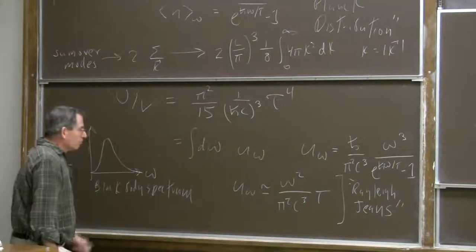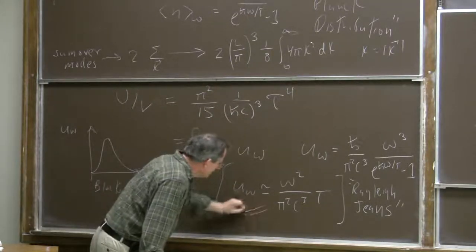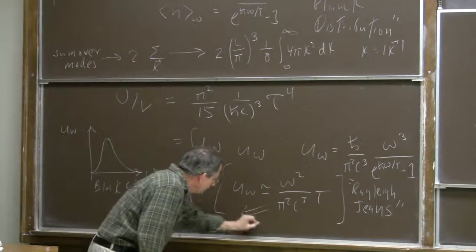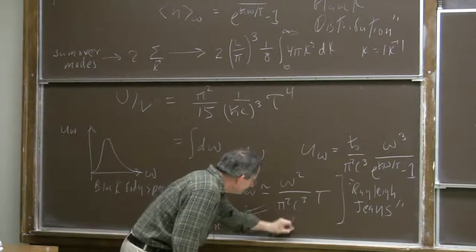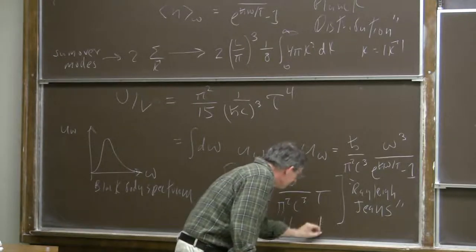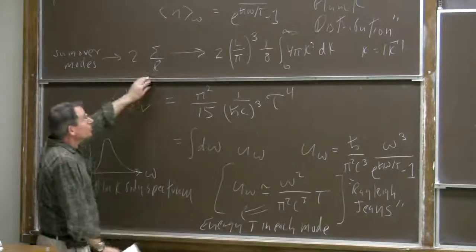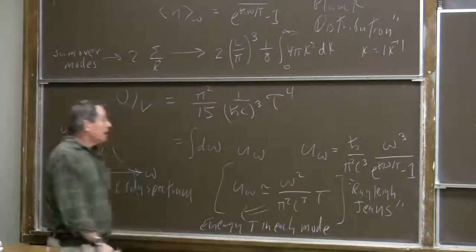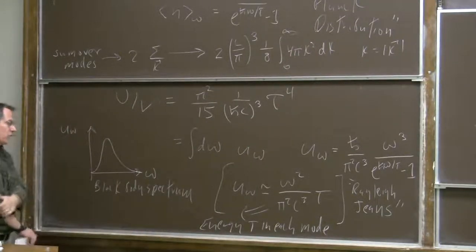That applies at low frequency. Where it comes from is energy tau in every mode. So it's just tau times this integral corresponding to the sum over modes, except I've written it as an integral over omega instead of k.